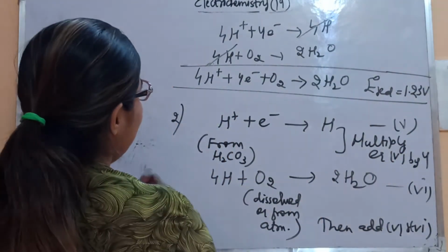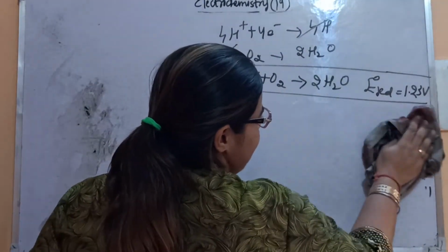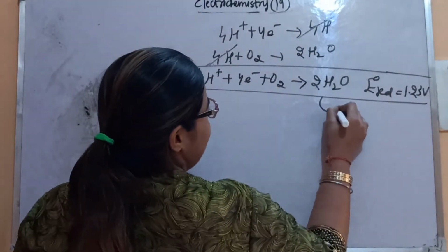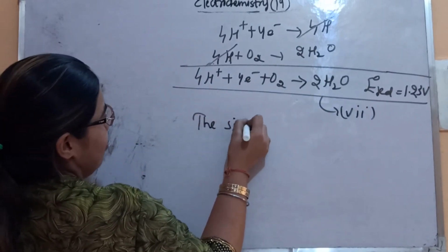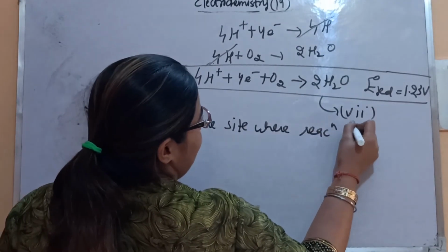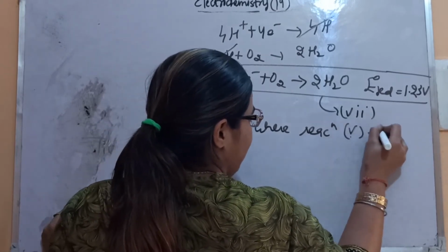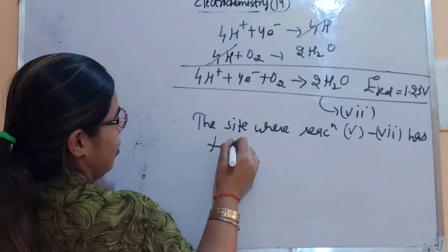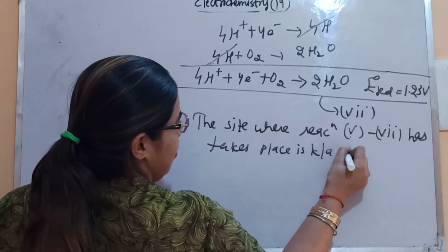Okay, now let's see, say this is the 7th reaction. The site where reactions 5th to 7th have taken place is known as cathode.